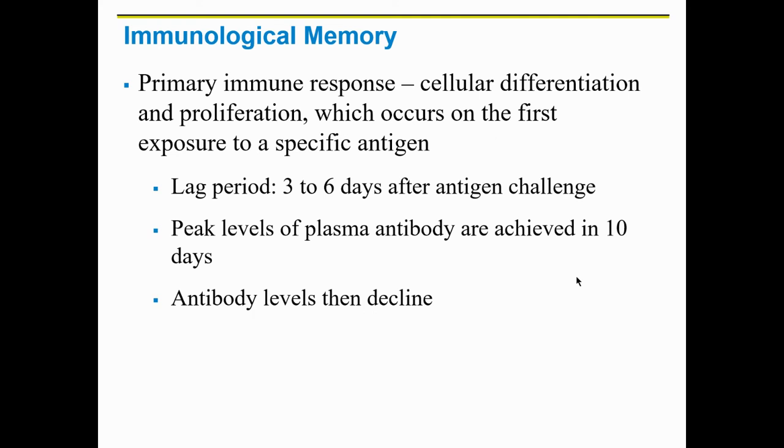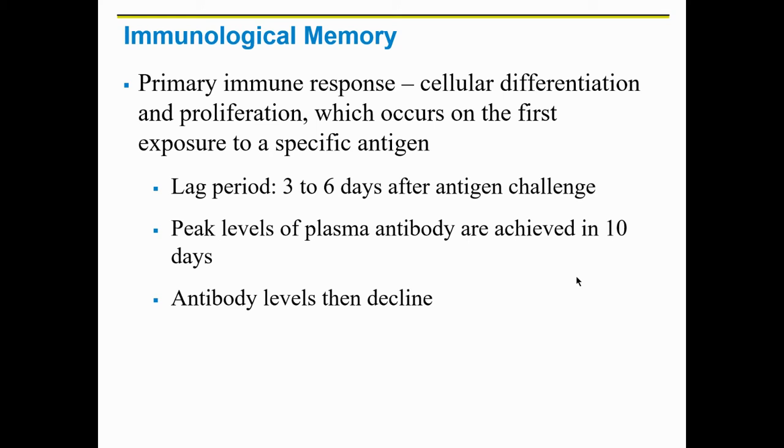Well, remember, B cells became sensitized, and then they had to find a T helper cell to become activated, and then they had to divide. That takes some time. And so there's a lag period between the antigen challenge and the time that the first antibodies are produced.